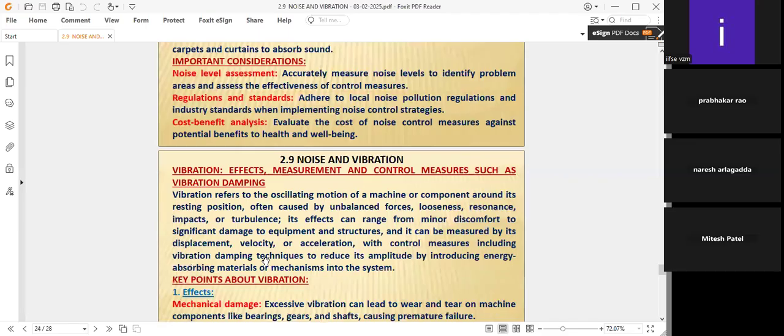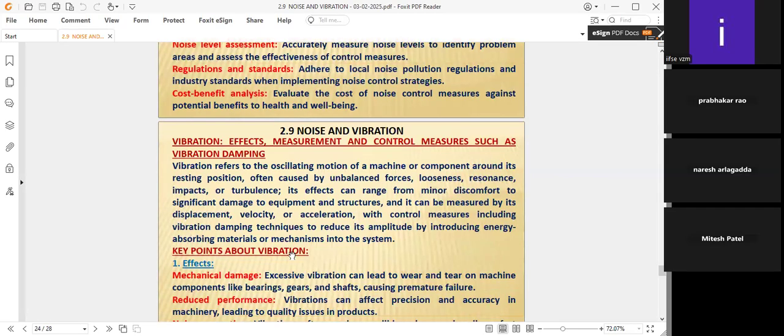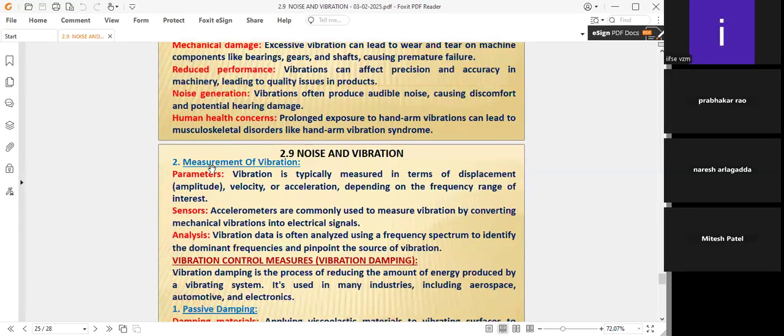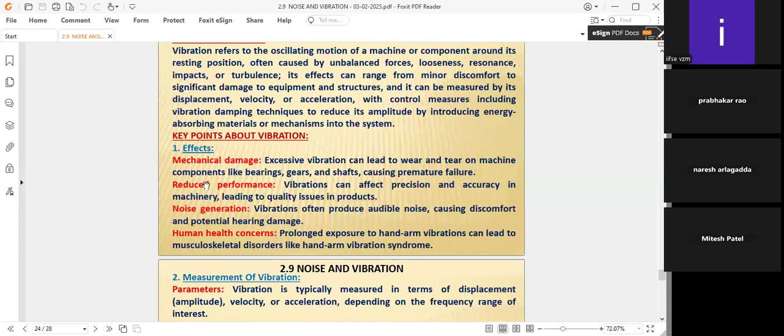Last but not least, the key points about vibration: number one, effects, and number two, measurement of vibration. These two are very important. Effects mean mechanical damage, reduced performance, noise generation, and human health concerns. Where vibration is present, definitely mechanical damage to the equipment will occur, and the performance of the employee is reduced because of the vibration from the equipment.